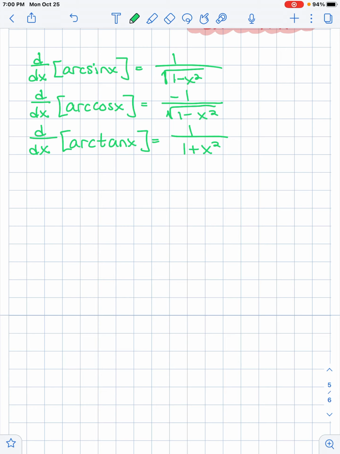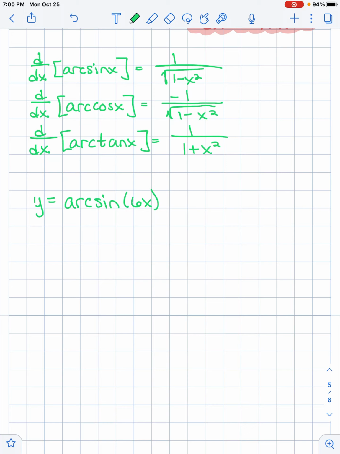Well, what if I added a little twist to this? What if I asked you for the derivative of arcsin of 6x instead of just straight up x?